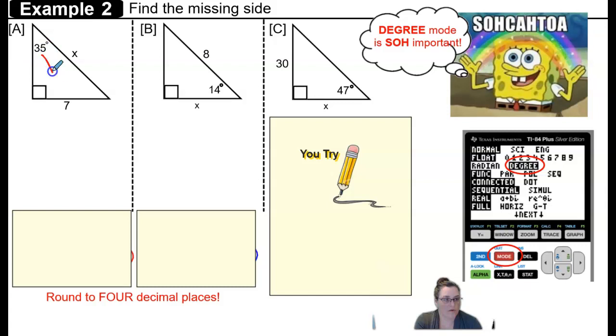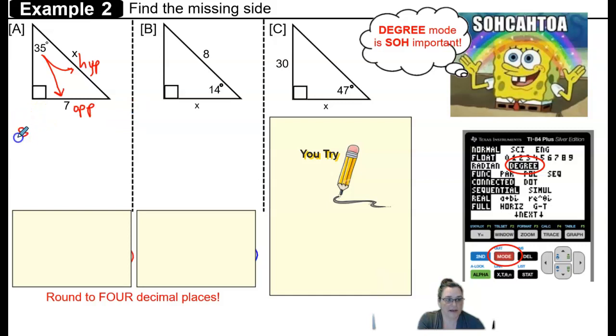We know the side opposite of the angle theta is 7, and we're looking for the hypotenuse, which is x. And in the acronym SOHCAHTOA, sine is the ratio of opposite over hypotenuse.